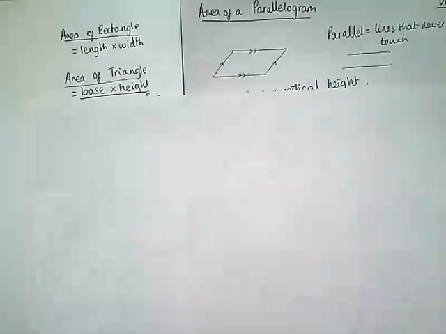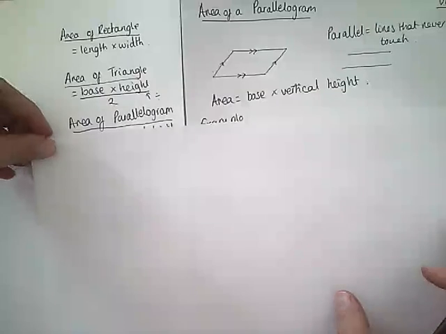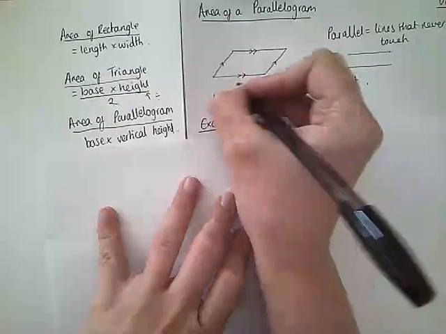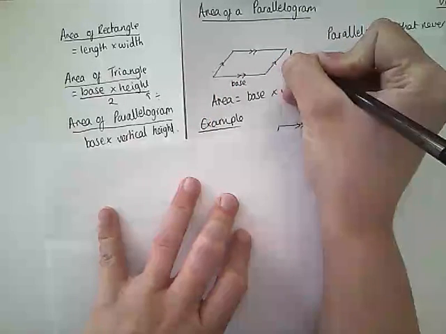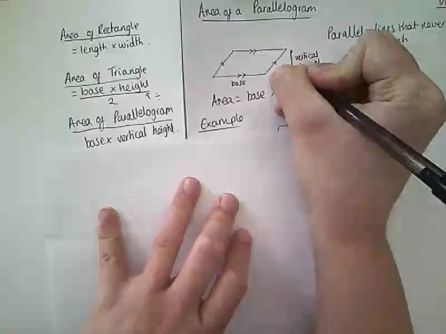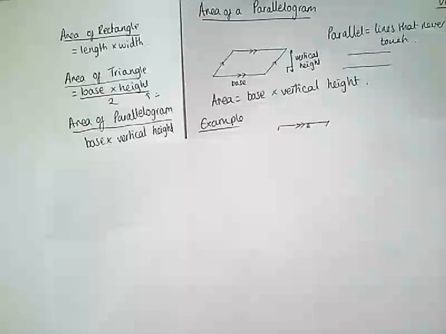That makes it a parallelogram, which means that when we are calculating its area, it's very straightforward because it is just like a rectangle: it is the base times the vertical height. And the vertical height is the height that it makes with the ground at a right angle, okay.